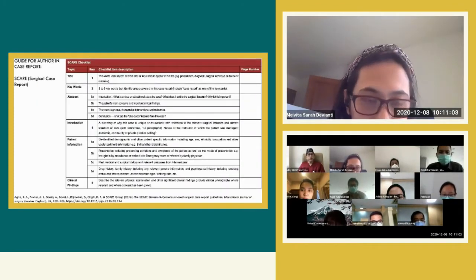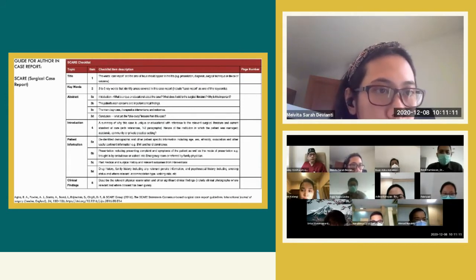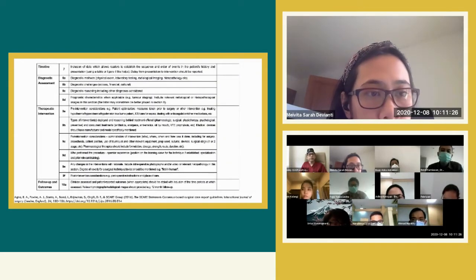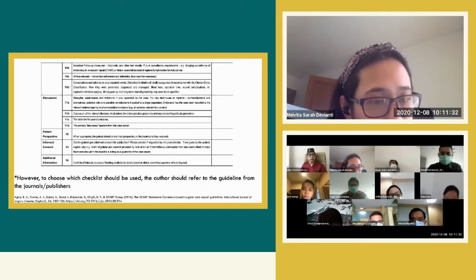To write a good case report, usually we use guidelines. This is one example of the guidelines. It's called SCARE, or Surgical Case Report. It contains detailed points which we should put in the case report, starting from the title, and then the abstract, also the intervention, and lastly, it can contain the patient perspective.